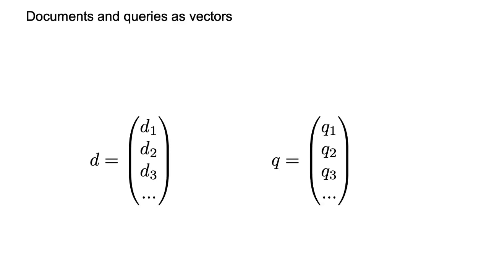And d1, d2, d3, these are again mathematical variables that can be 1 or 0, right? And 1, 2, 3 is just an enumeration of the terms. I could also have called it d information, d retrieval, but instead I call it d1, d2, d3 with numbers. The same with my query. Now, of course, the query will be sparse because the query probably has only, in that case, 2 terms.